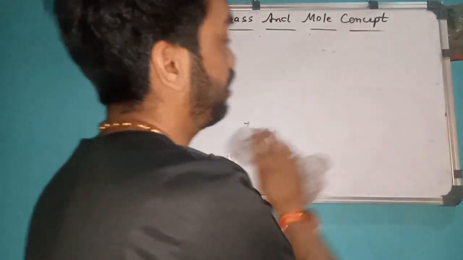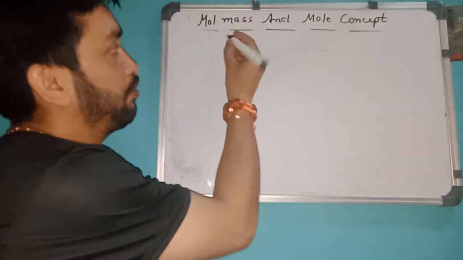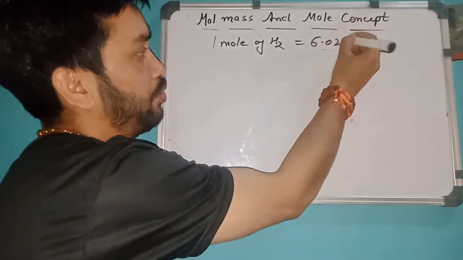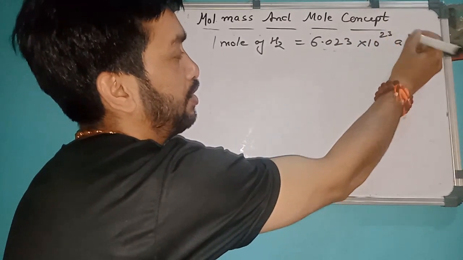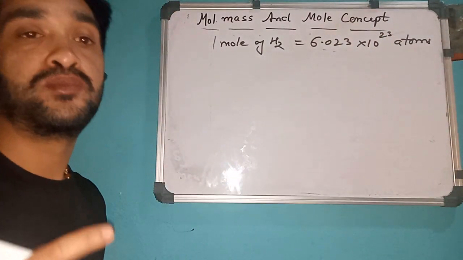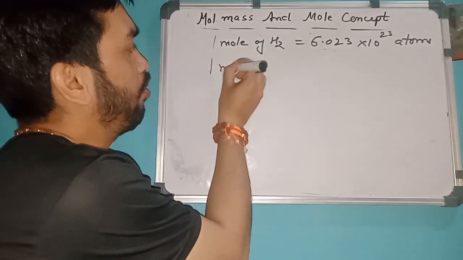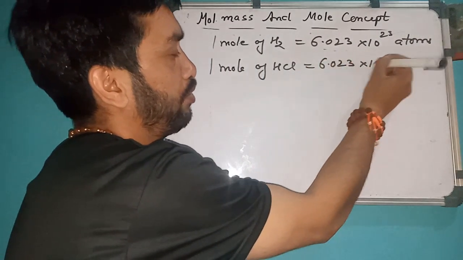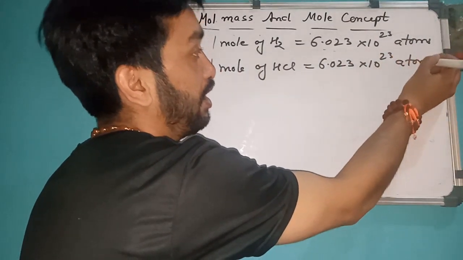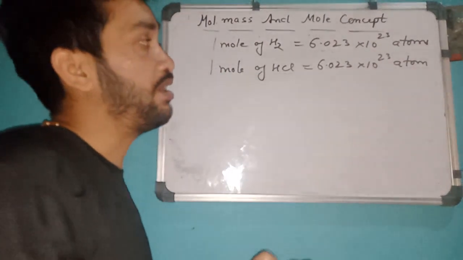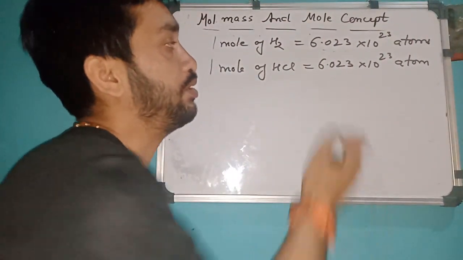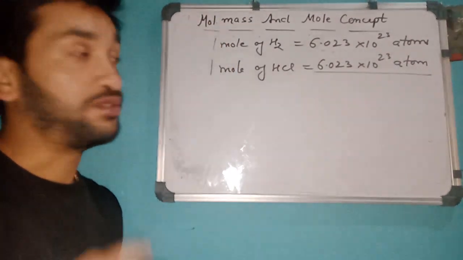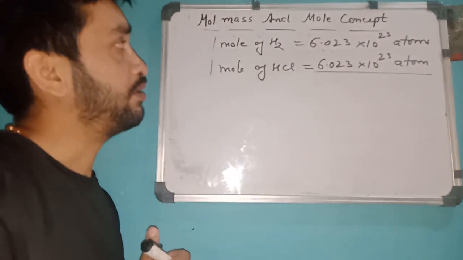Now let us see what it actually means. It means that 1 mole of H2 will contain 6.023 into 10 to the power 23 atoms. This is for 1 mole of hydrogen. 1 mole of HCl that we have calculated also contains 6.023 into 10 to the power 23 atoms. If you say that 1 mole is there, then whatever the compound, the number of atoms will be 6.023 into 10 to the power 23, which can be further written as Na.